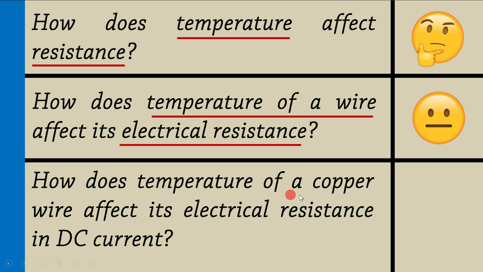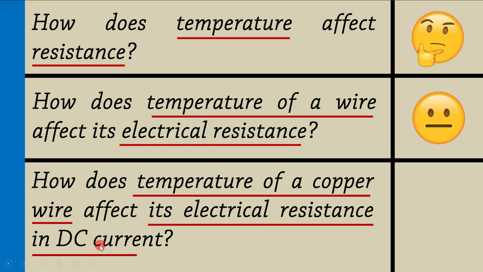How does temperature of a copper wire affect, good copper wire, it's not iron wire, its electrical resistance in DC current? It's good now. It seems to have completely focused on the electricity and DC current and copper wire. Everything seems good. So I see the investigation line.